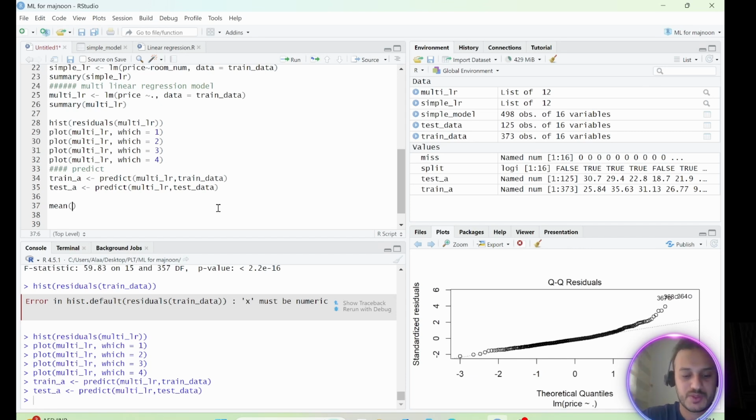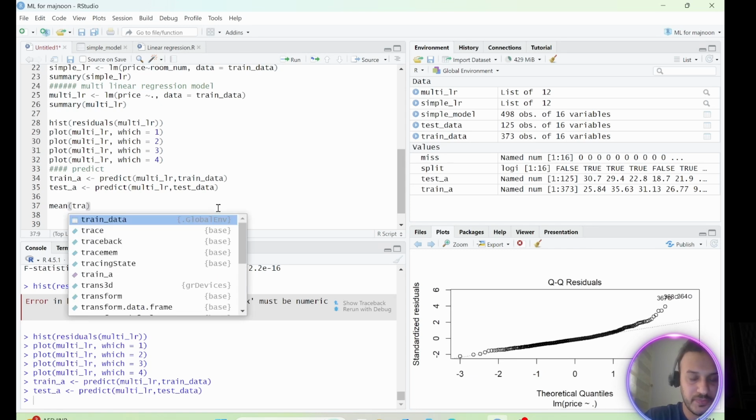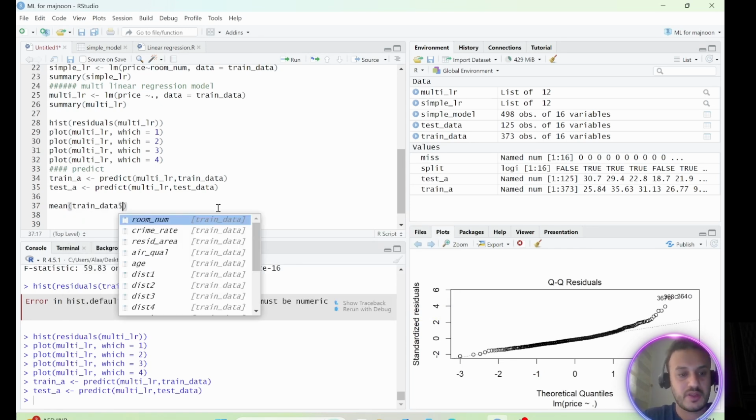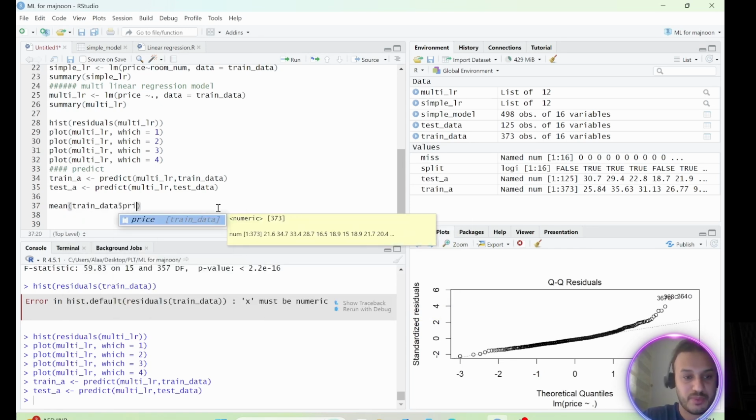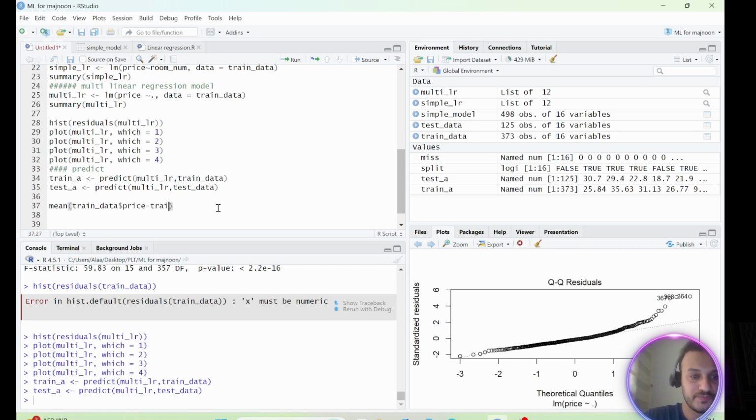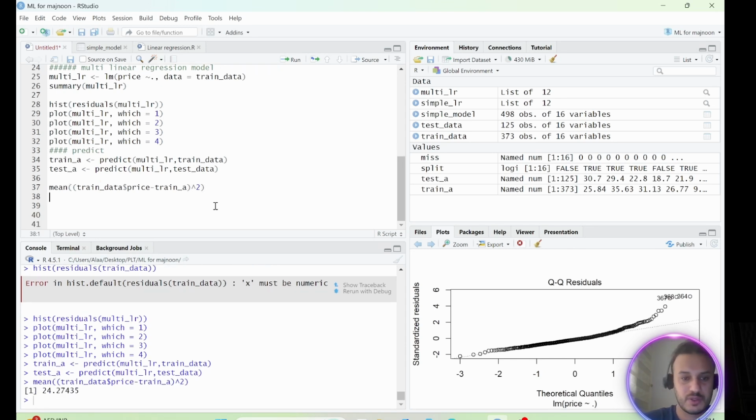So y minus y hat, my train data, the dollar sign, I need it to give me the price. This is my real y, minus y hat, which is the train A that I just calculated, and this has to be to the power of 2, and close this one. Now I'm calculating the mean square error.